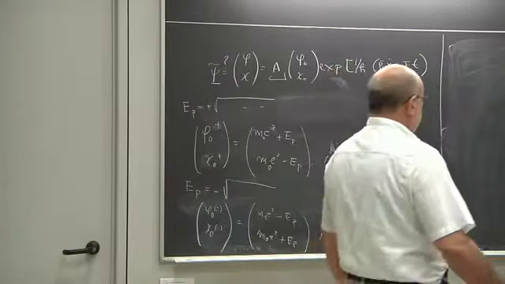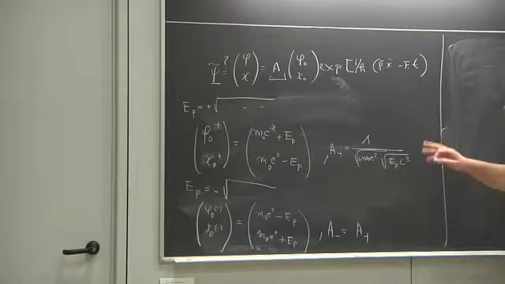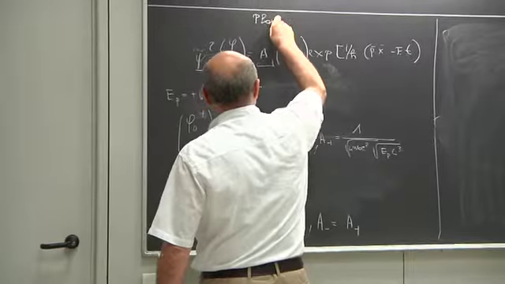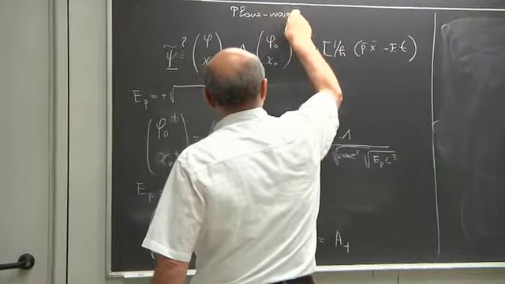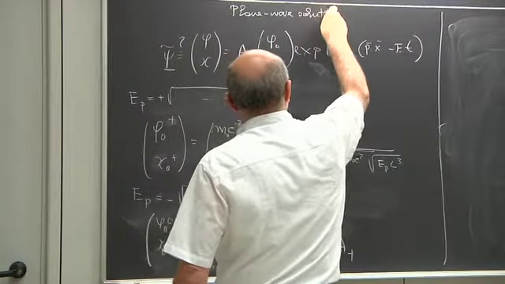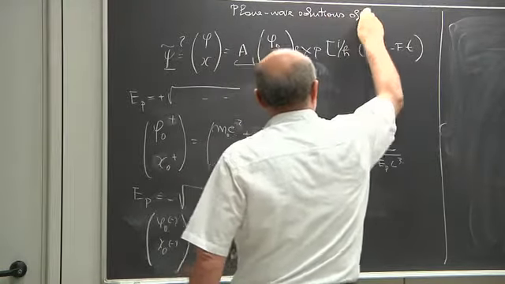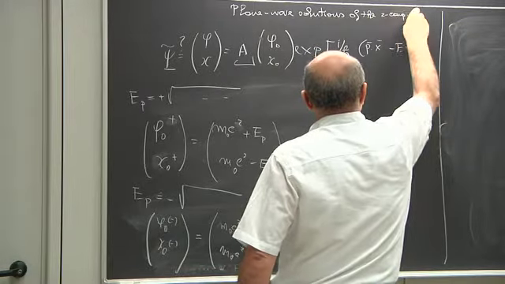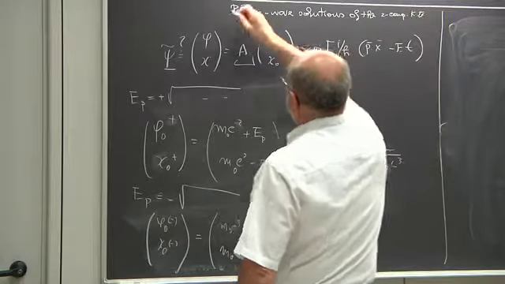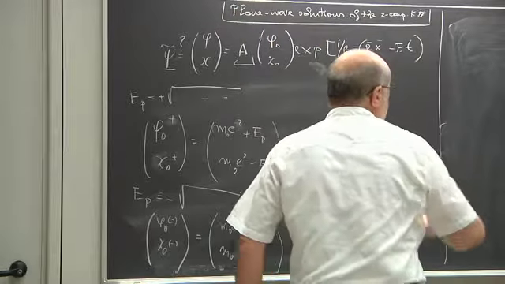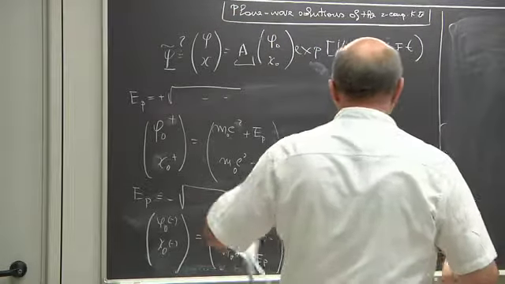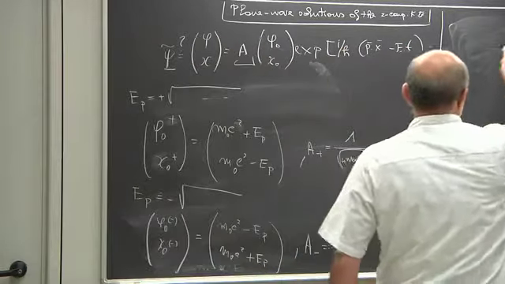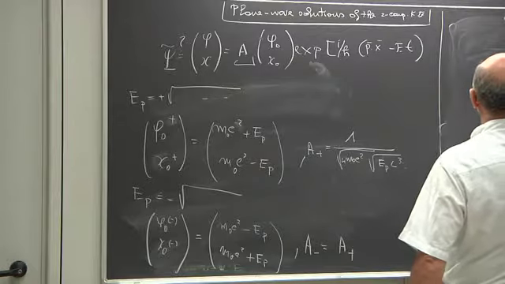Now, what we said yesterday is that we now have these plane wave solutions of the two-component Klein-Gordon equation. Of this solution, this is the full correct equation, we will work out the non-relativistic limit.